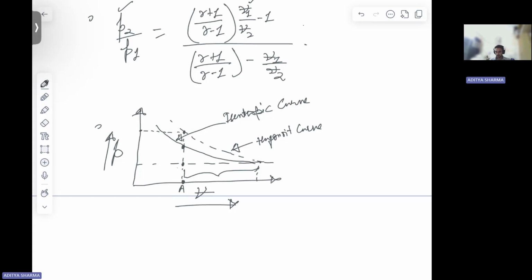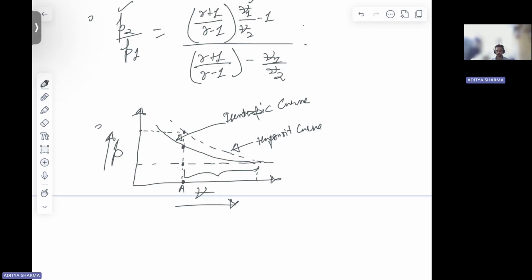But what happens is that in your shock compression, because there is loss in total pressure and an increase in entropy, the efficiency of compression is less, and it's high in your isentropic compression.